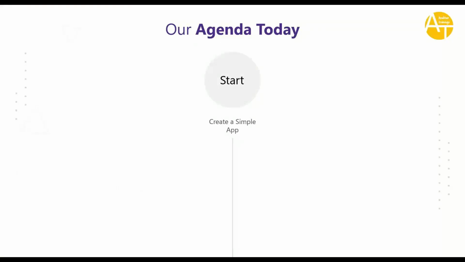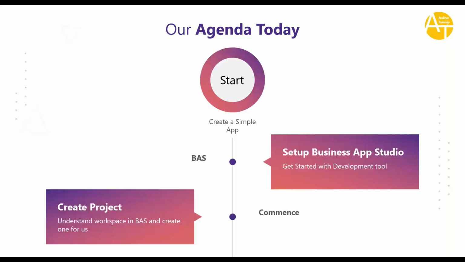We'll start creating a simple Fiori application in the system using Business Application Studio in SAP Cloud Platform. Our phase 1 will be setting up our development environment, which is Business Application Studio. Then we will commence our project.